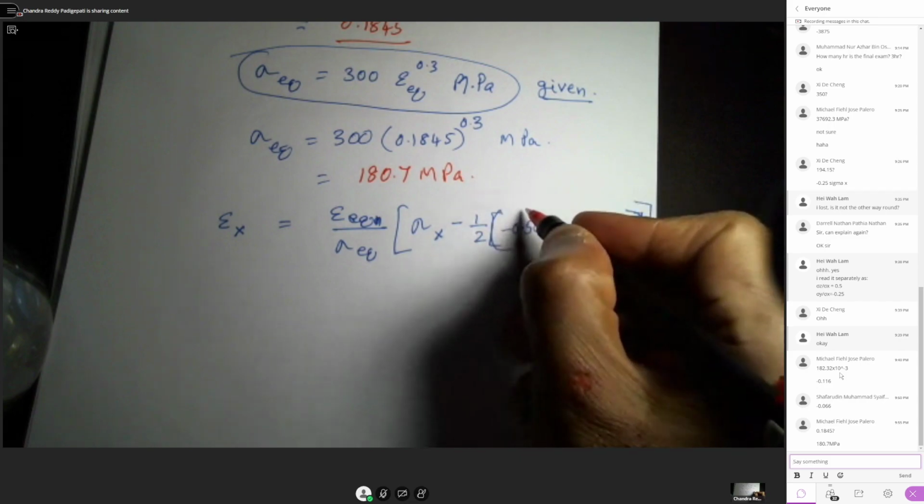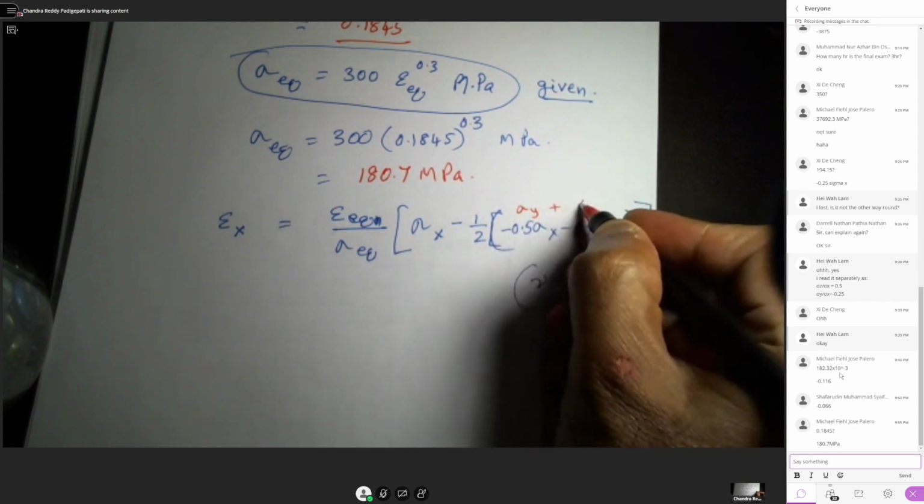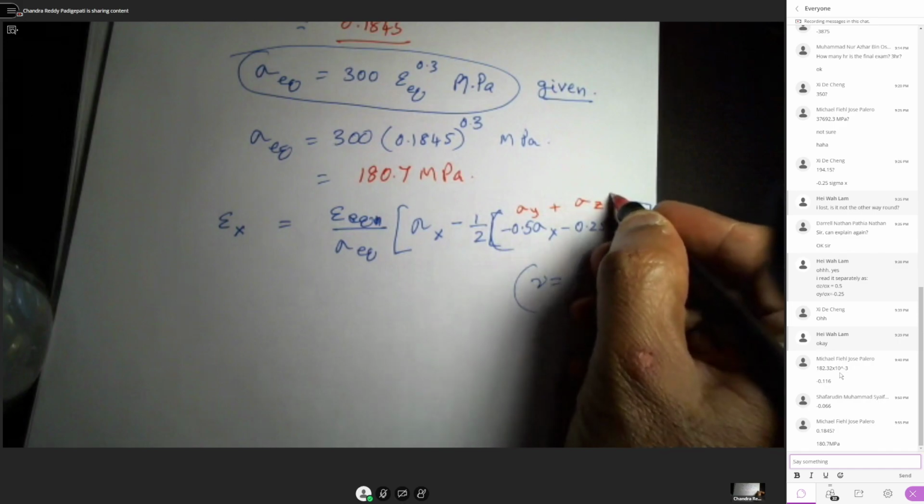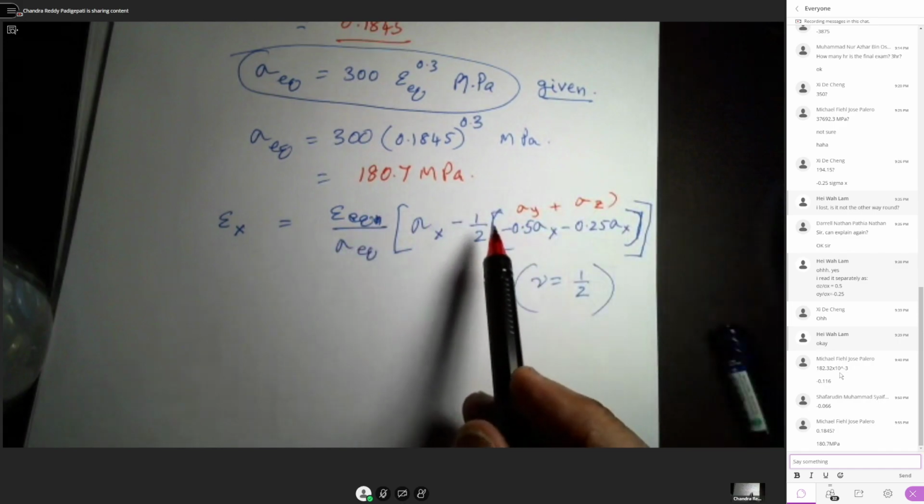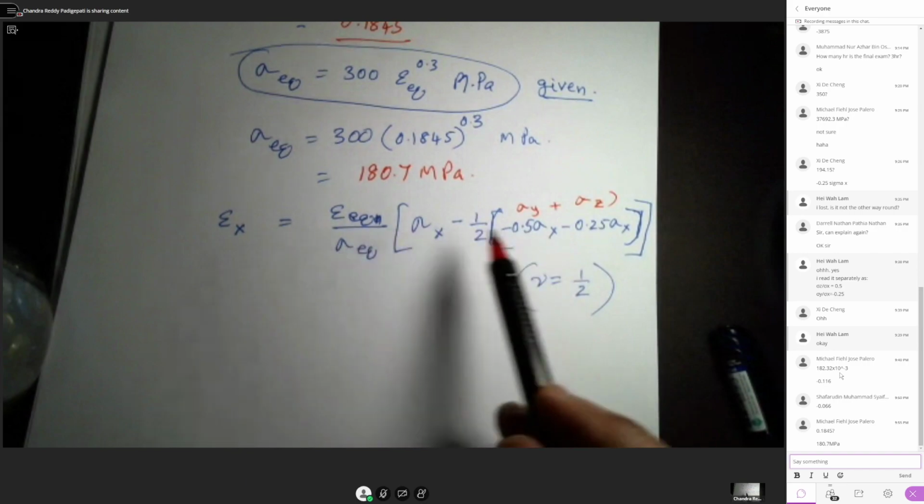So this is the Poisson's equation, the stress strain relationship.